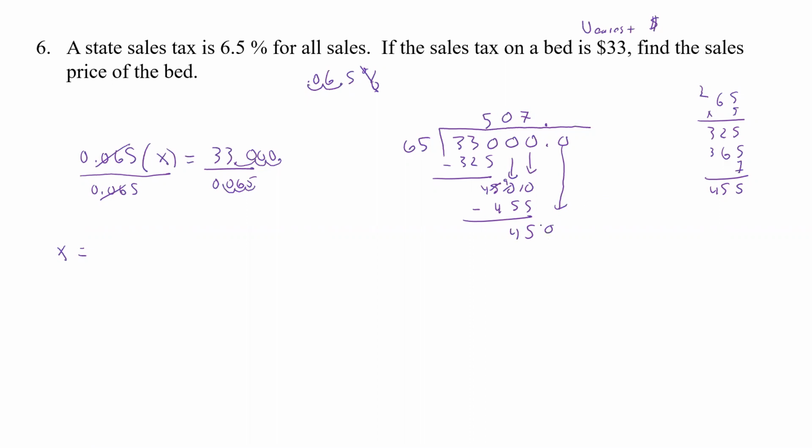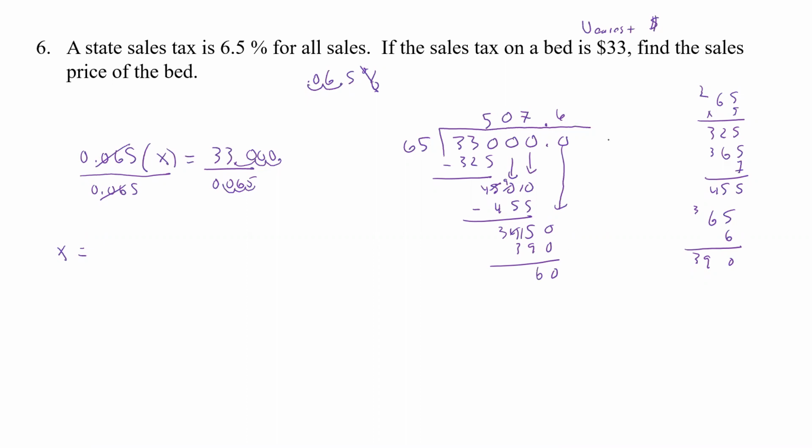How many times will it go in here? Well, that must be 6 because 7 is 455. So 65 times 6, that's 30, 36, 37, 38, 39. So it's 6, so 390. Make sure it's less than 65 when we do the subtraction, so that's a 0. And here we have 9, 10, 11, 12, 13, 14, 15.